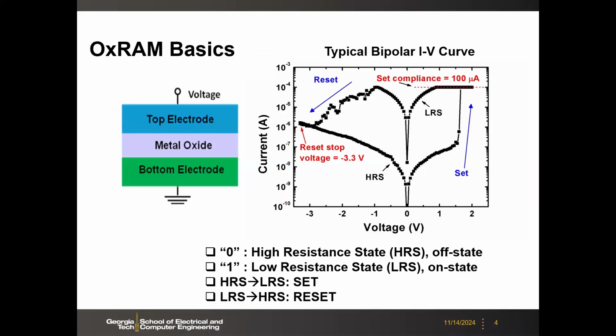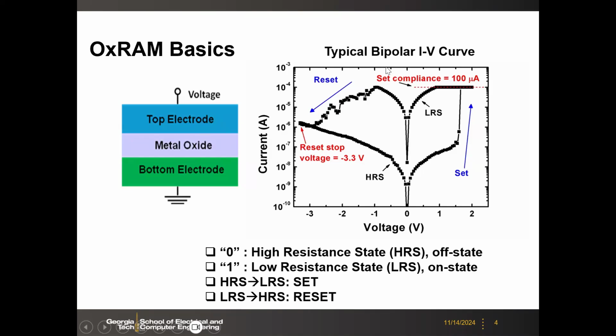So here is the typical current versus voltage, IV, characteristic of this oxide RRAM. Actually, the data here is obtained from devices I fabricated at the Stanford clean room many years ago. I measured the IV from this two-terminal device, and this is how it looks.